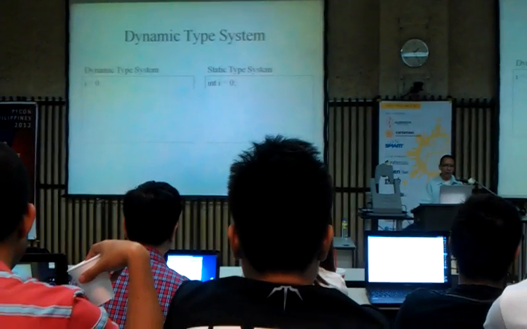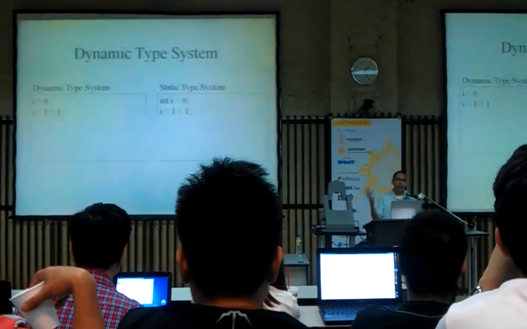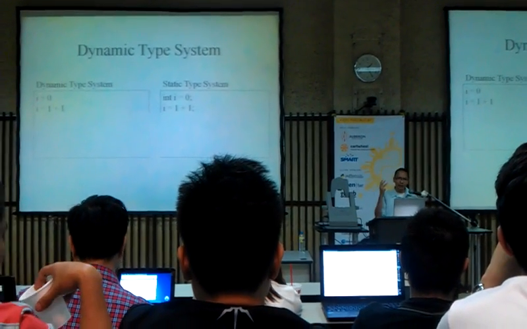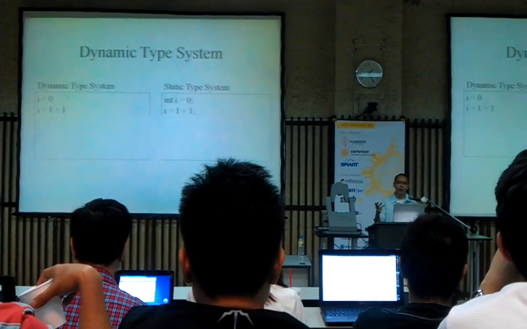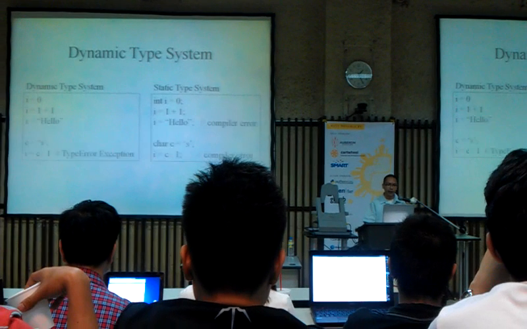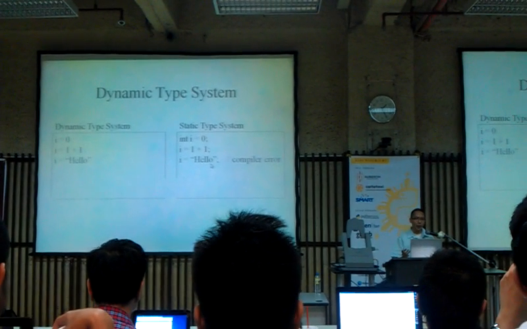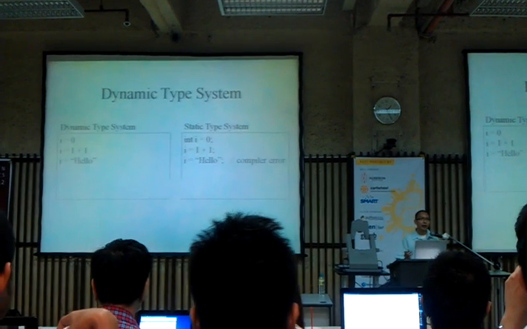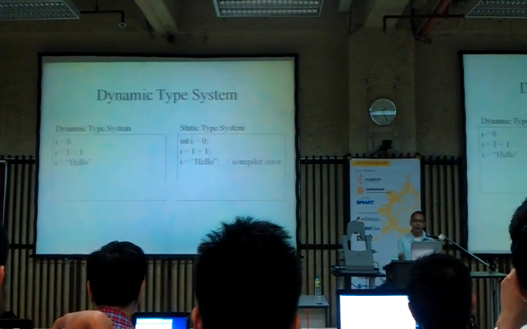A dynamic type system doesn't care what the data type of the value assigned to the variable is. So i, in this case, is an integer, and this would generate a compiler error in C++, or rather in a static type environment.